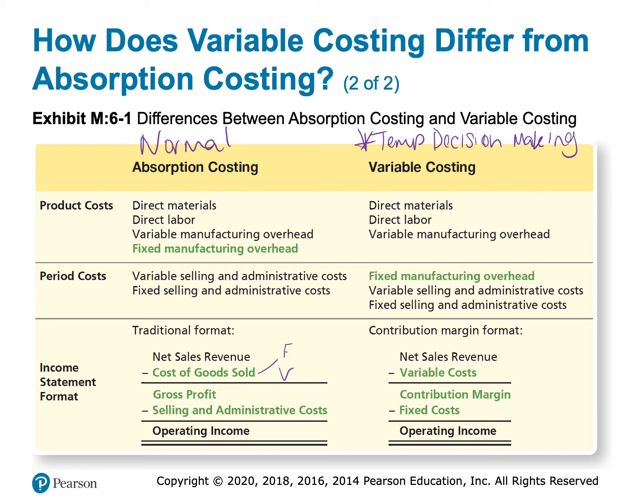And in selling and administrative, some are fixed and some are variable. The contribution margin format income statement, which we've looked at in Chapter 5 already, lists all variable cost, both product and period. Remember, selling and administrative expenses are also called period. That gives me contribution margin minus fixed cost, which are some product and some period.